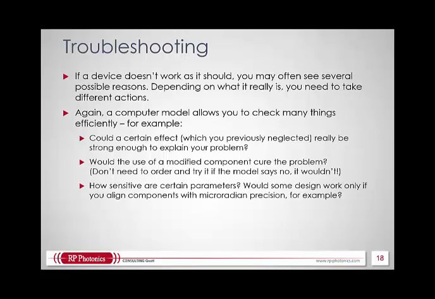You can also check, would the use of a modified component cure the problem? If the model says no, it wouldn't, then of course you don't need to order anything and try it out in the lab. Another question might be, how sensitive are certain parameters? Would some design work only if you align components with an extremely high precision?